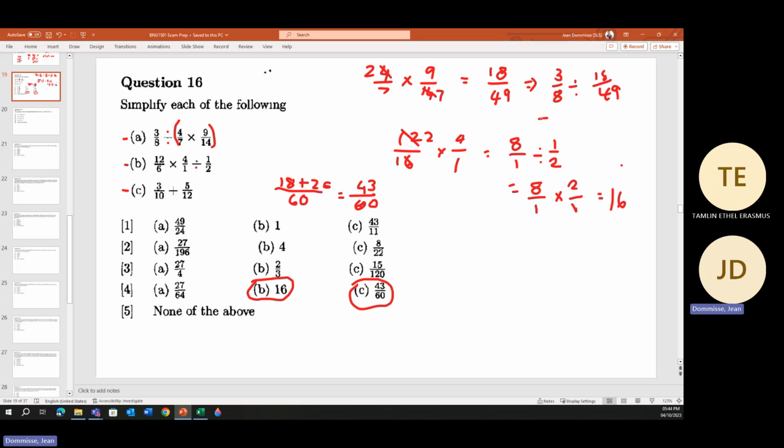Or we can say, as we did with this one, 3/8 times 49/18. Okay, so 3 goes into 3 once, 3 goes into 18 six times. So what I would have gotten is 49 divided by 64. So where did the 727 come from?